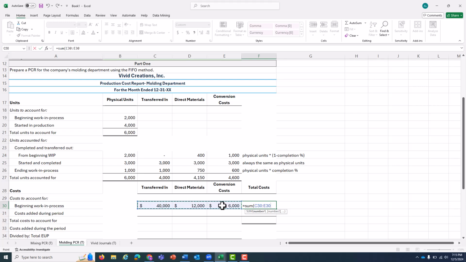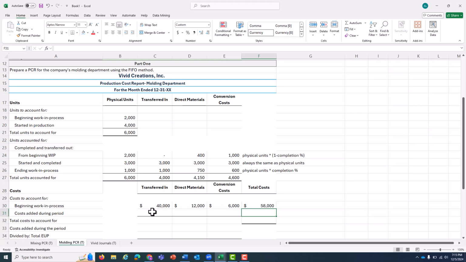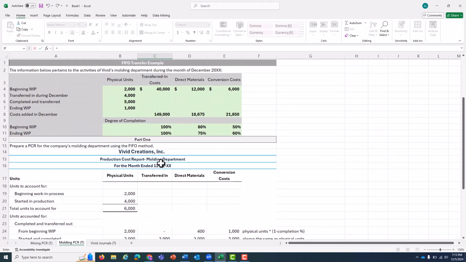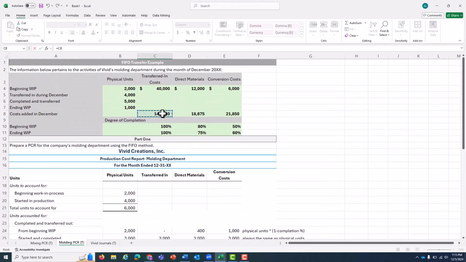And we'll see that our units, which were in beginning WIP, already had $58,000 in costs committed to them before the period began. What got added? Well, the first department, the mixing department, transferred units to us, and when they did, they transferred the $149,000 worth of costs that went into mixing up those batches of crayons.